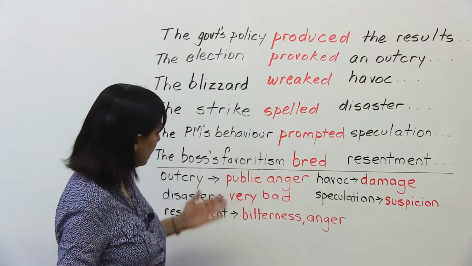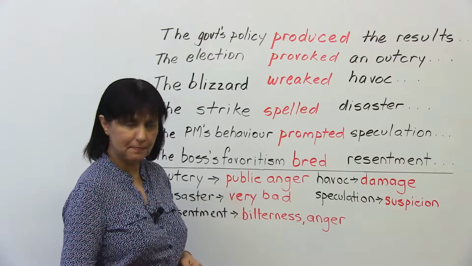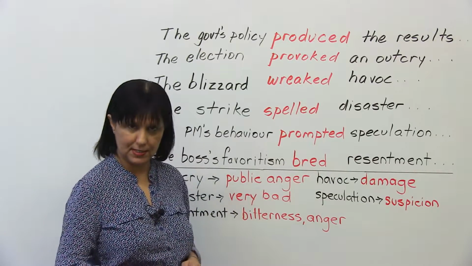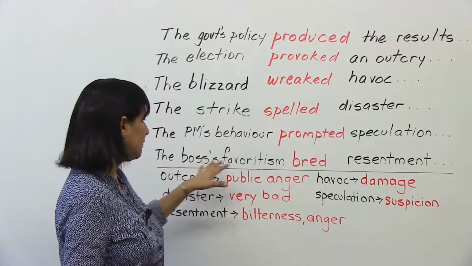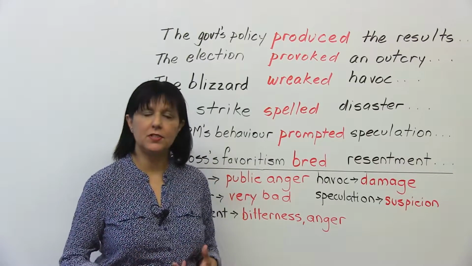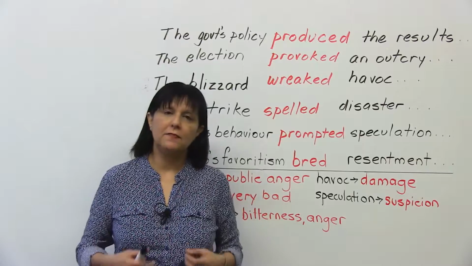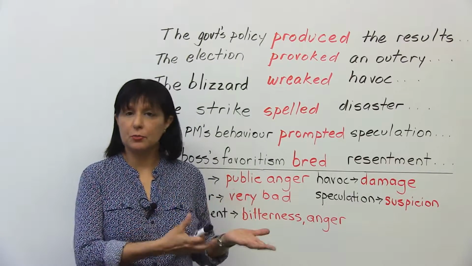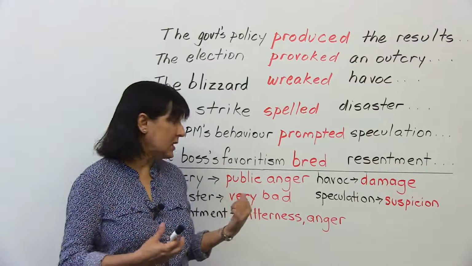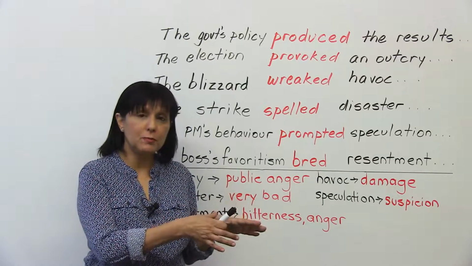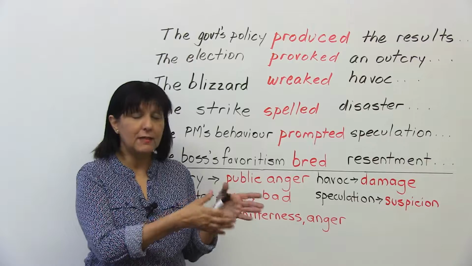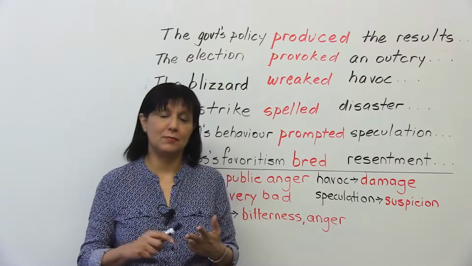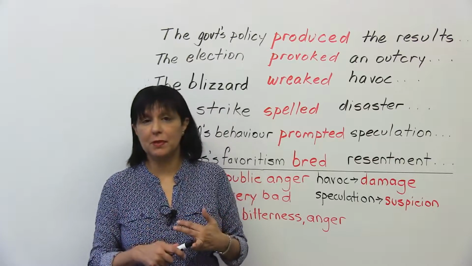Next one. The boss's favoritism bred resentment among the employees. So what is that? First of all, what is favoritism? Favoritism is when somebody favors or treats one person better than another person. So a boss here is treating one employee or a few employees more nicely than other people, okay? Sometimes bosses do that, sometimes teachers do that, sometimes parents do that.